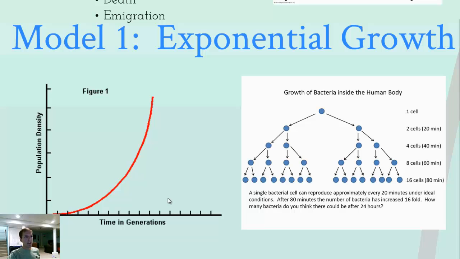Now, when we look at the theory of population growth, in a hypothetical situation, we could see populations increasing exponentially. If you imagine here on the right, here's the bacteria. Starting with a single bacteria, every 20 minutes, a bacteria is capable of undergoing cellular replication. And when it replicates, it creates a new bacteria.